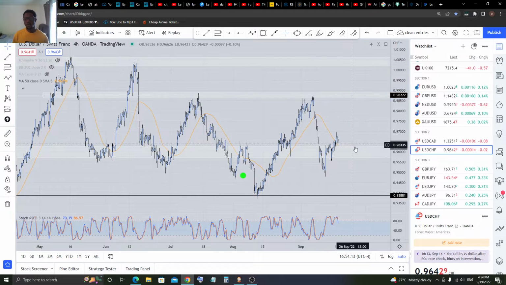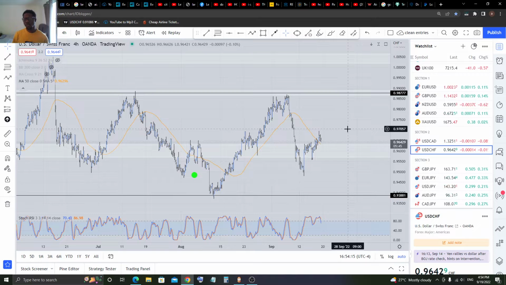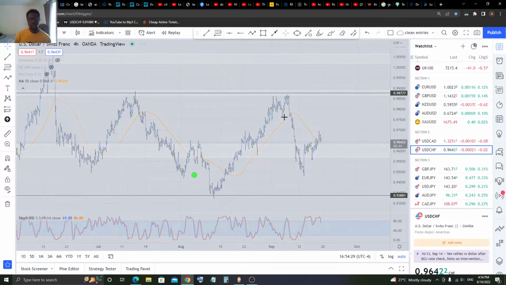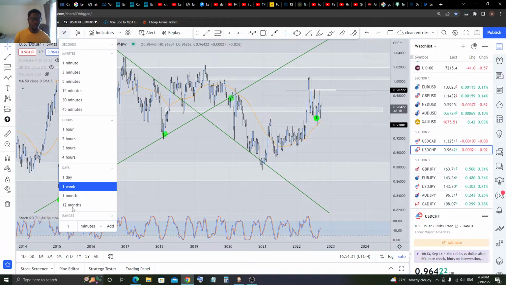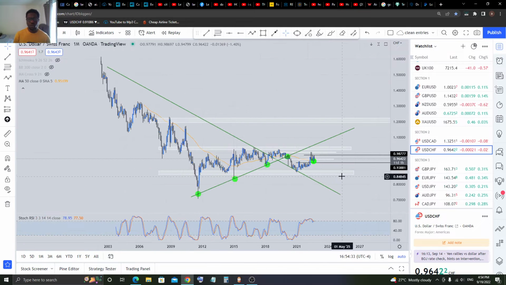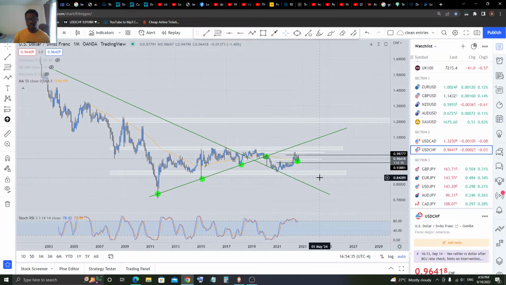As you guys know, I always like to go into the higher time frame to break the chart down so that you guys can understand, and it helps me a lot to be confident and know where the market is going. So let's go into the monthly first. You see the levels that I made.